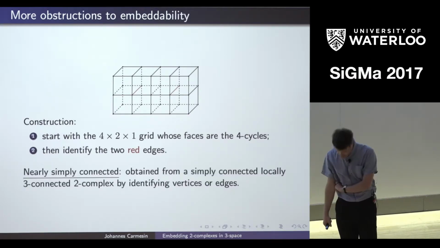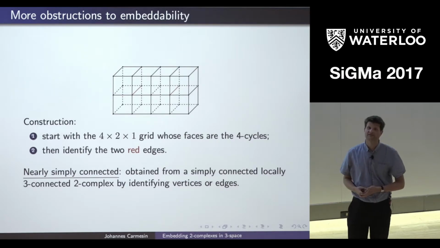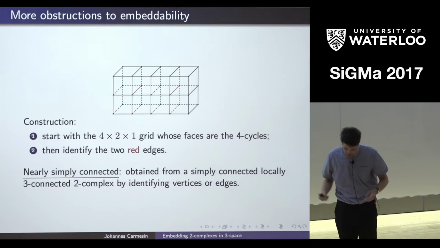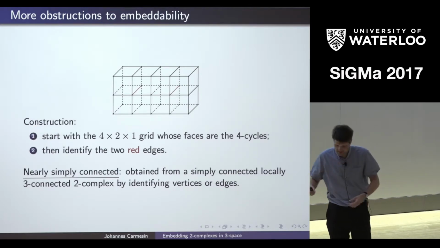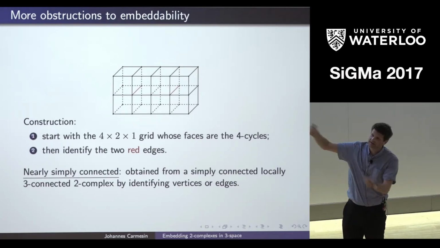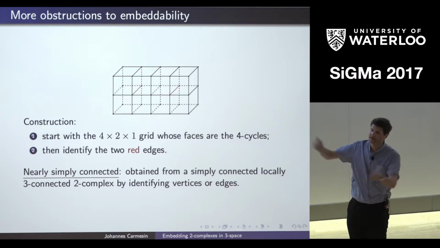To study obstructions of this type, we work inside the class of nearly simply connected 2-complexes. These are obtained from locally 3-connected, simply connected 2-complexes by identifying vertices and identifying edges.